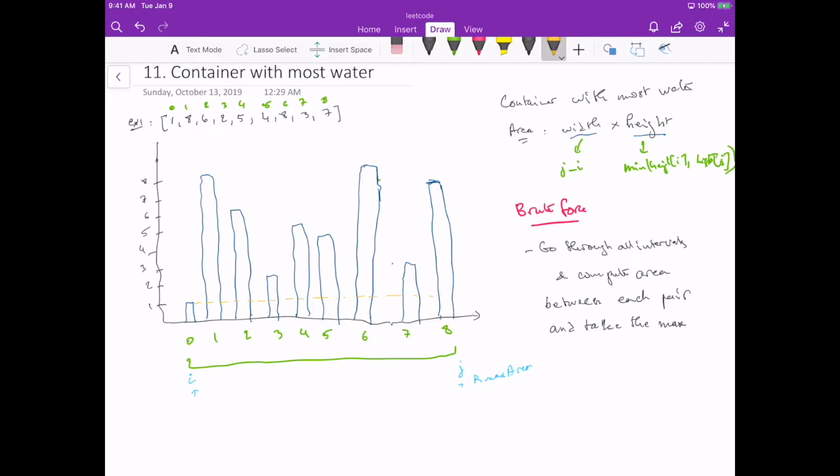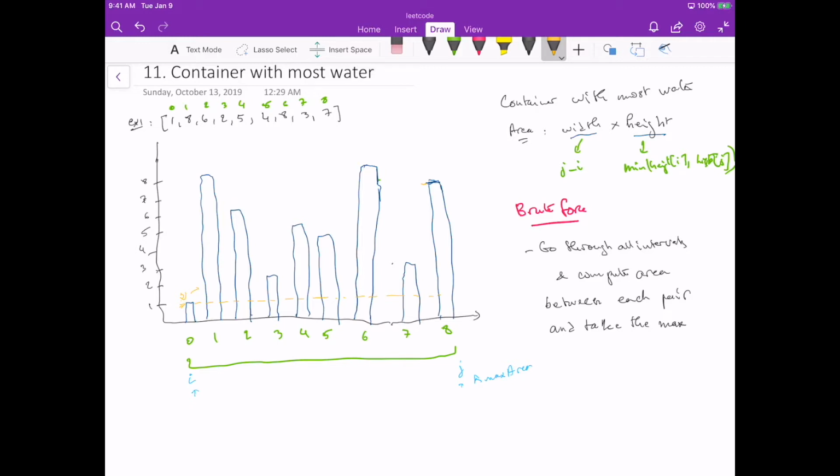Why is that? Because of this smallest one, we can't go higher, so it's useless that the height of this one is really big, right? To maximize our chances to get a bigger area, we need another taller one that increases the height a little bit, because we can't increase the width.